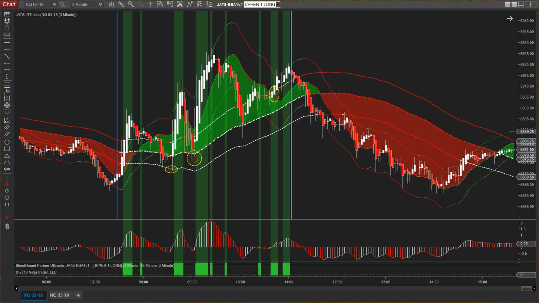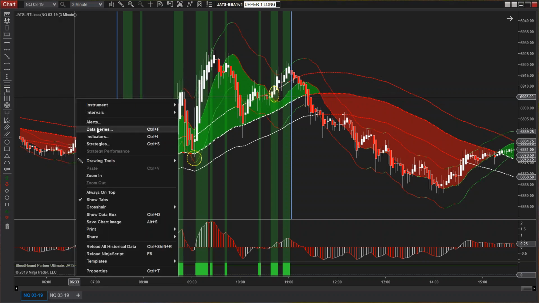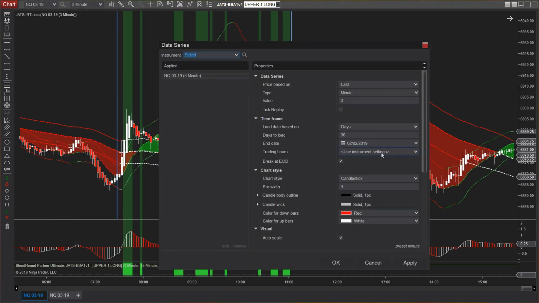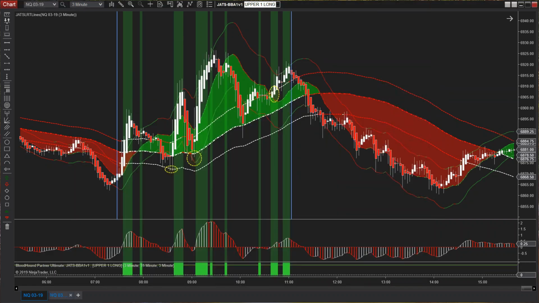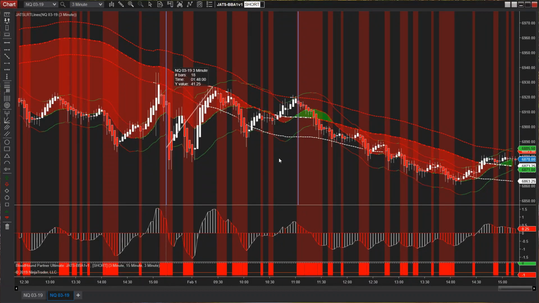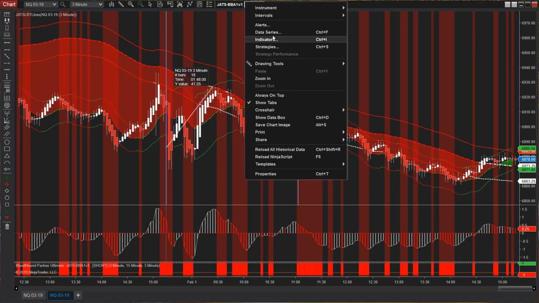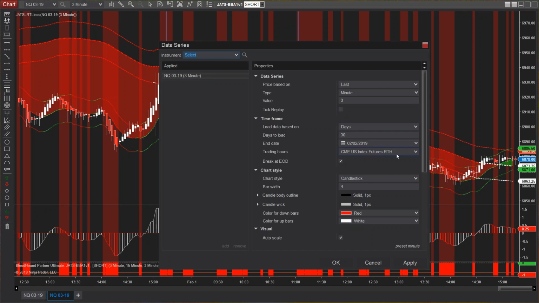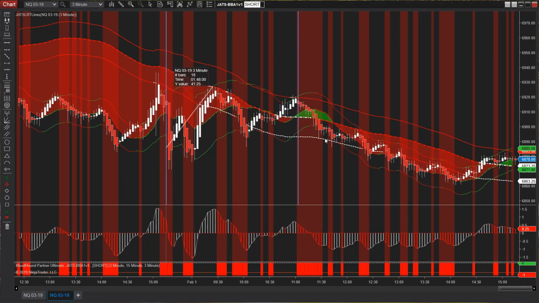Yesterday was such a hard day because the ETH session template, that's what this is, or use instrument settings in your data series, that's what this defaults to, was opposite of the RTH session template. If you like to trade the RTH session template, you would have been trading short on Friday.